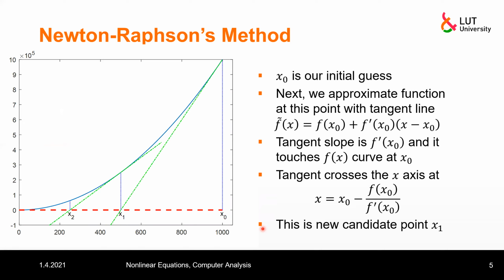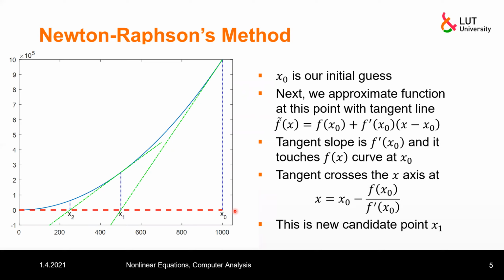In this method, the idea was to linearize our nonlinear equation f of x around some point, for example x0, and then solve this linear equation, because it's quite easy to solve any linear equation. After solving, we get the next approximation for our point. And our hope is to get closer to the exact solution, that is 0.